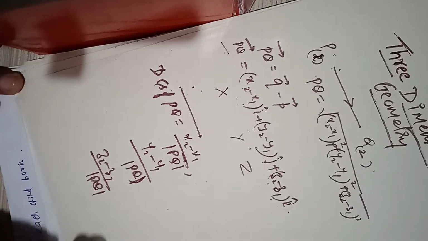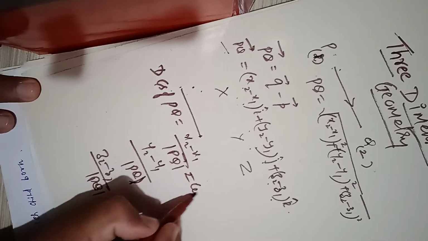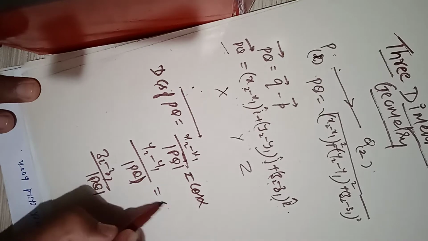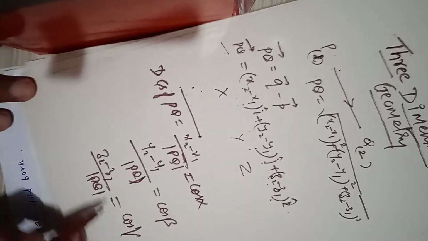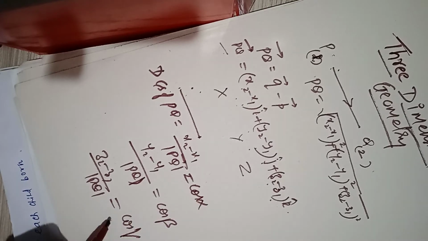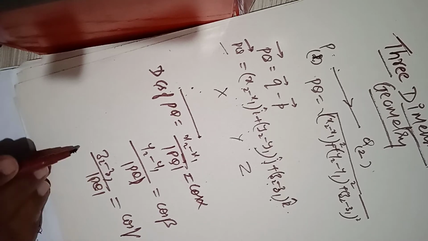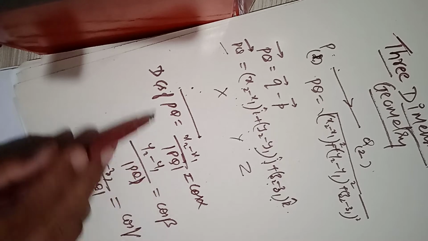This is equal to cos alpha along x-axis, cos beta along y-axis, cos gamma along z-axis, and cos square alpha plus cos square beta plus cos square gamma is equal to 1. These are the direction cosines of vector PQ.